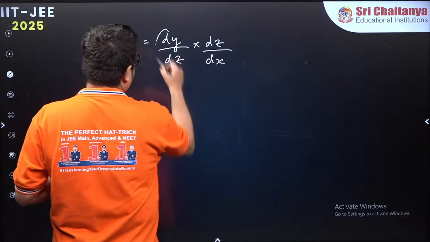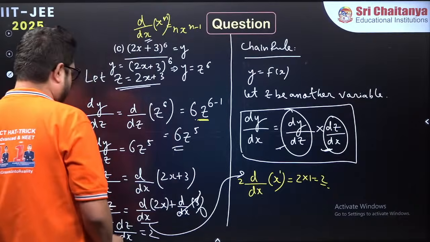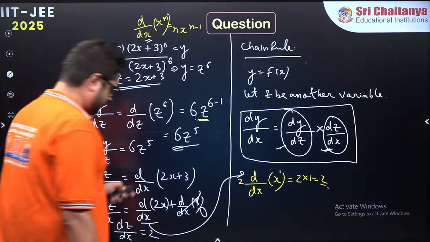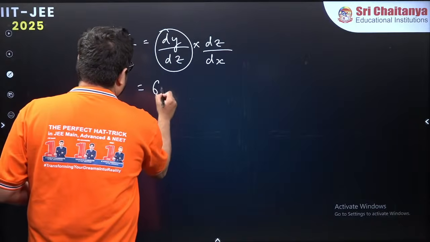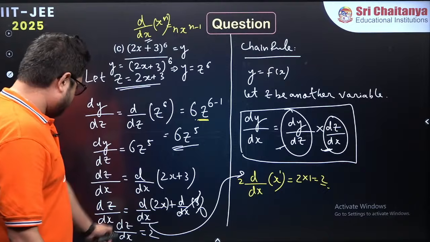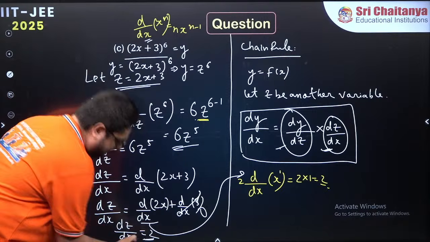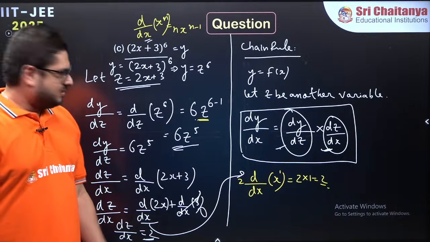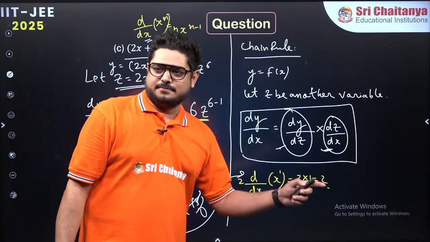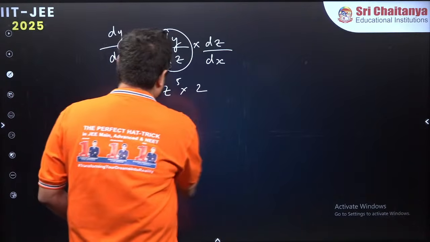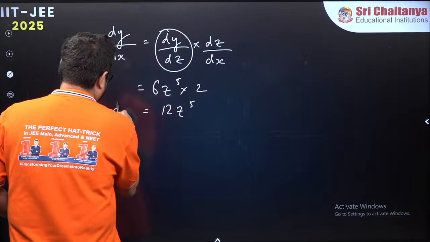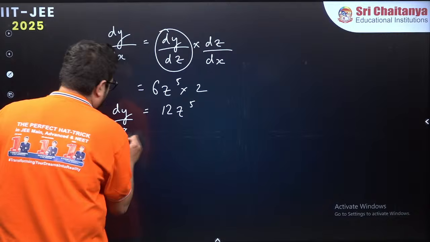Dy by dz we already calculated as 6z to the power 5. Right? So I will write it down as 6z to the power 5. And what is this dz by dx over here? We got it as 2, so dz by dx is equivalent to 2. As a result, I am getting this as equivalent to 12z to the power 5. Dy by dx is equivalent to 12z to the power 5.